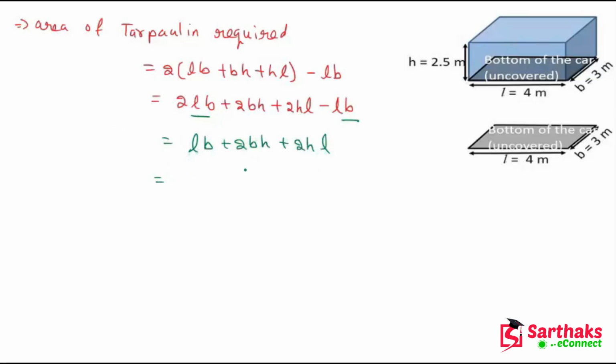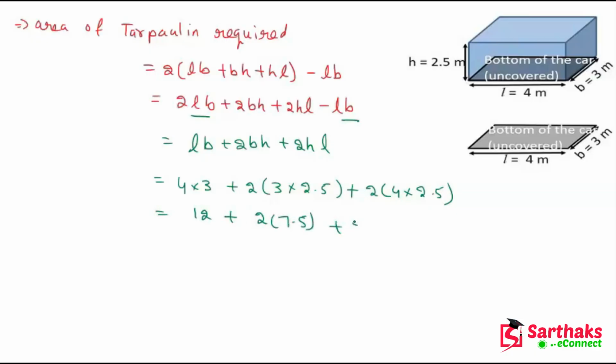Now put the values here: 4 into 3 plus 2 into 3 into 2.5 plus 2 into 4 into 2.5. This is equal to 12 plus 2 into 7.5 plus 2 into 10, which becomes 12 plus 15 plus 20. After solving this we get 47 meter square.